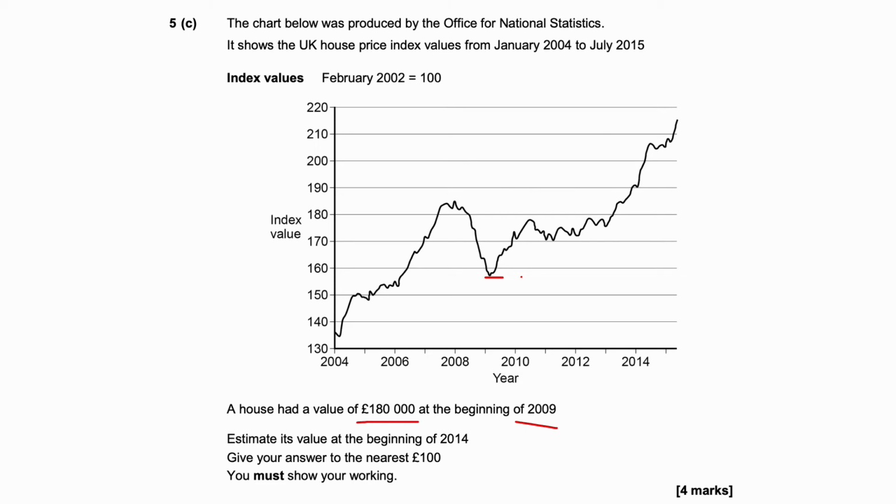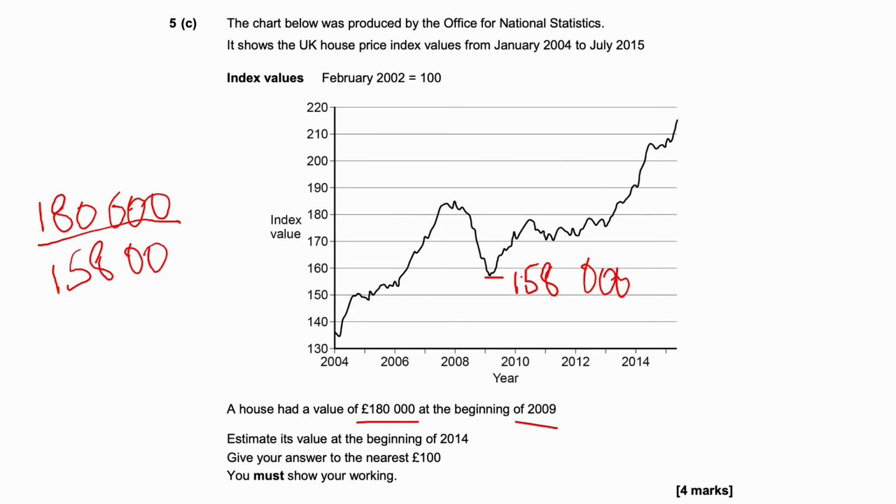Sorry, I need to do that again, is about here, about 158,000, and we want to know the estimated value at the beginning of 2014. So I'm going to use this 180,000, divide it by 158,000 to give us the ratio or the fraction that we know to multiply by the new amount. And the beginning of 2014, this is what we're going to estimate.